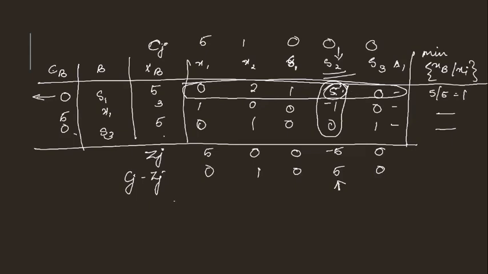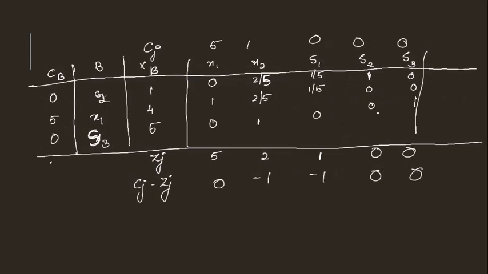And the elements below the key element, which are -1 and 0, should also be made 0. Regarding the last row, you don't have to make any changes since it's already 0. You just have to concentrate on the second row, which is also made 0 by doing some easy calculations which can be done by yourself. And this is what I get as the table. Please check whether you are getting this answer.